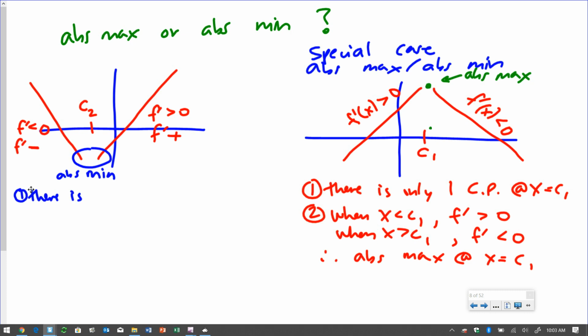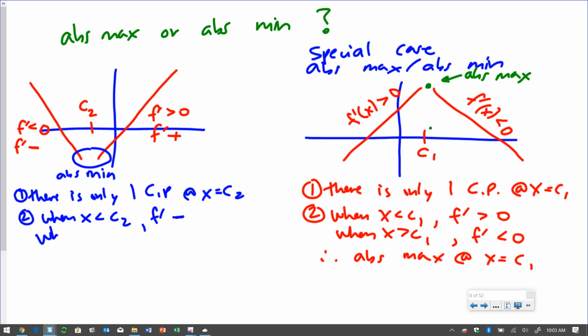There is only one critical point at x equals c2. And when x is less than c2, so when you're at the left of c2, the derivative is always negative. And when x is greater than c2, the derivative, and technically it's the derivative at x, is always positive at every x.